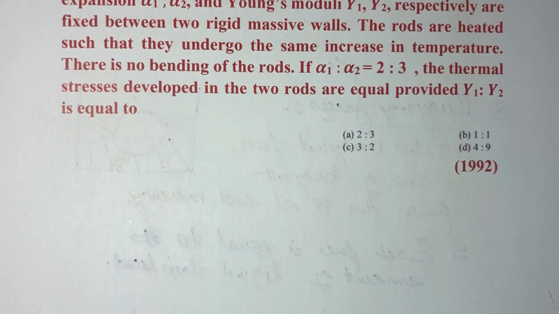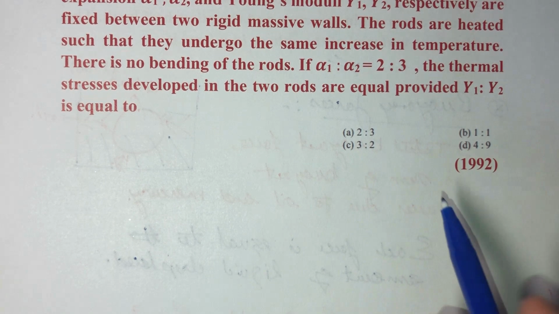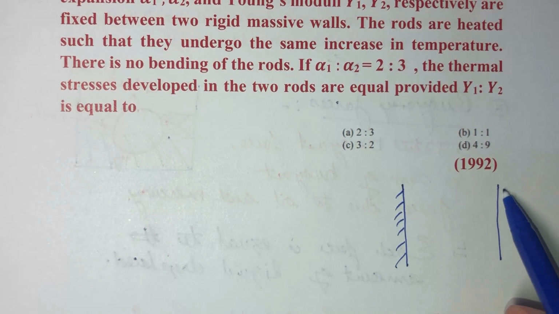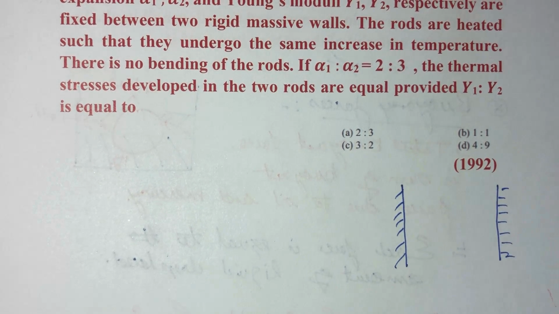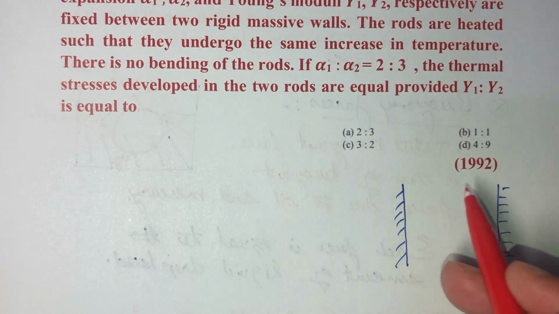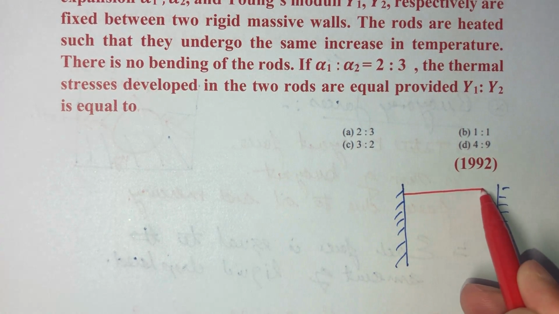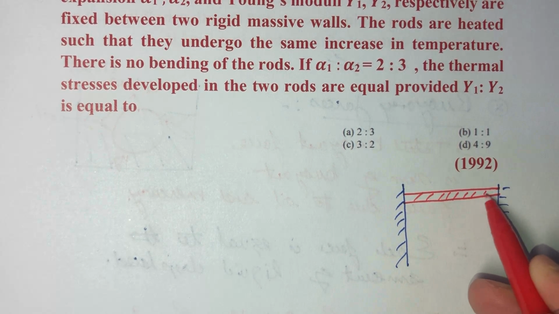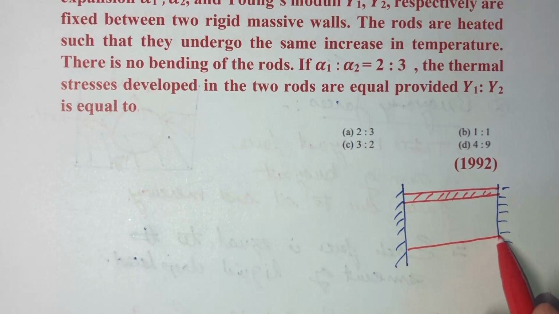So we are given two rods of different materials, and they are in between the walls. So let us have these are the two walls, and this is our rod 1 and this is our rod 2.